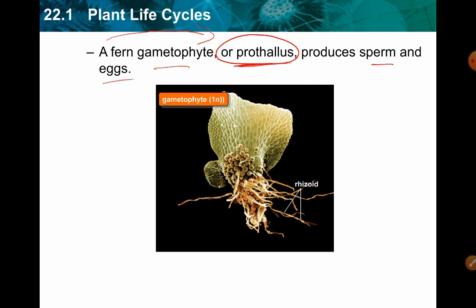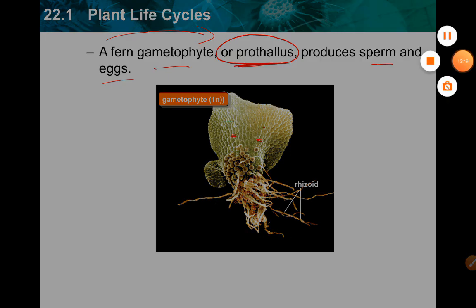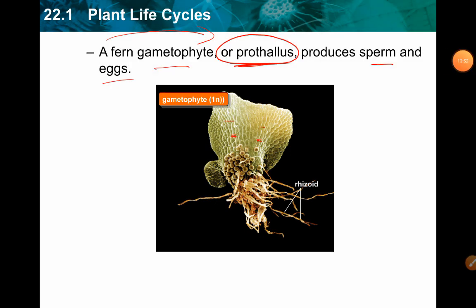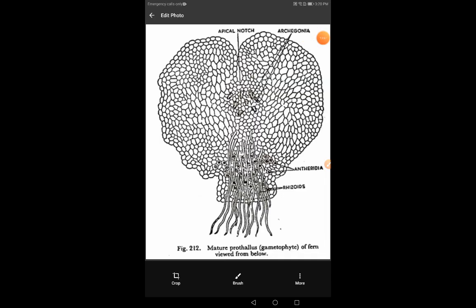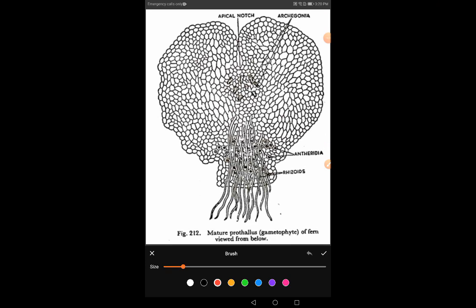Okay, if you look at this figure, you will find that they have structures here that are responsible for producing the male gametes, which are sperm, and the female gametes, which are eggs. Certain structures. We are going to look at a picture showing this. If you look at this picture, you will find that this is the prothallus, or the gametophyte phase in ferns.